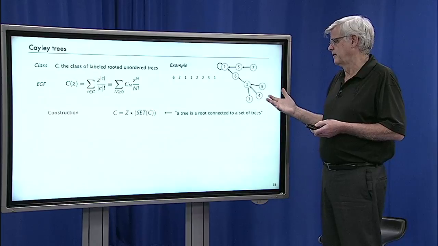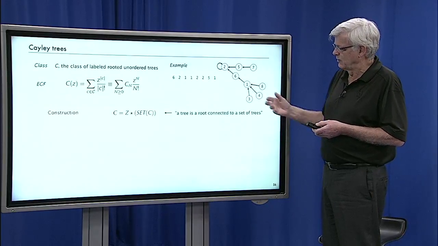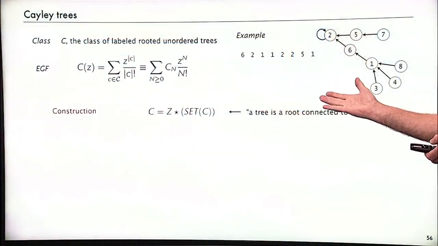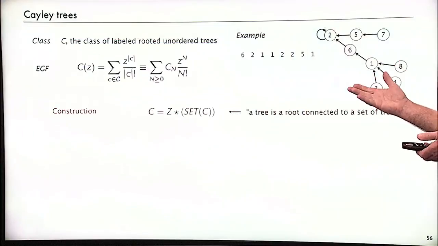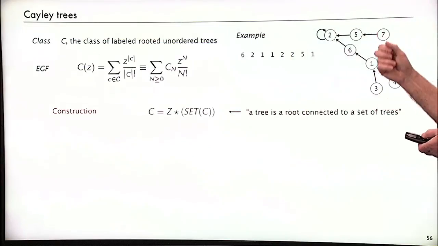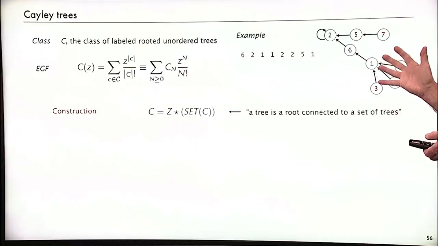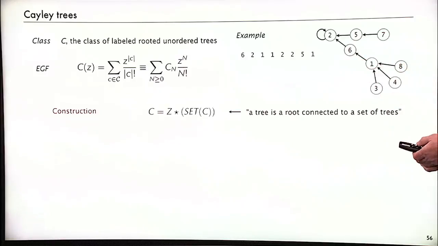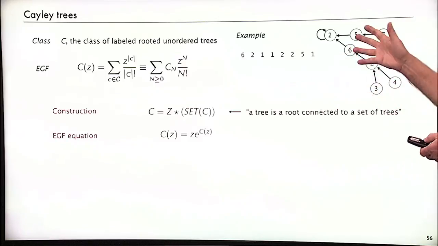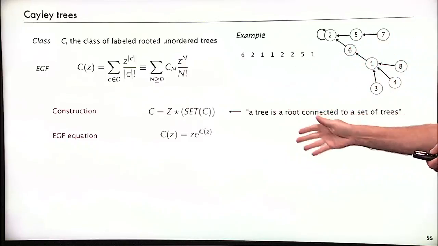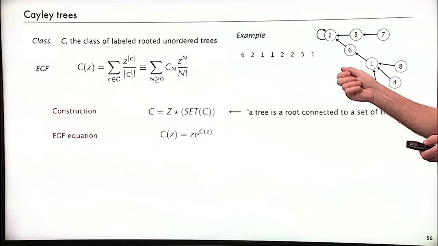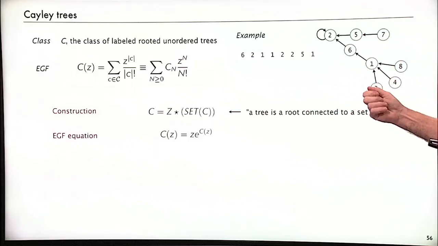With the symbolic method, we just use the construction that says a tree is a root connected to a set of trees. The order doesn't matter, so we use set. That immediately translates to the EGF equation. These are labeled objects, so we use EGFs. It's C of z equals z e to the C of z.